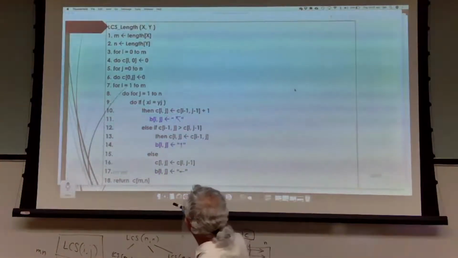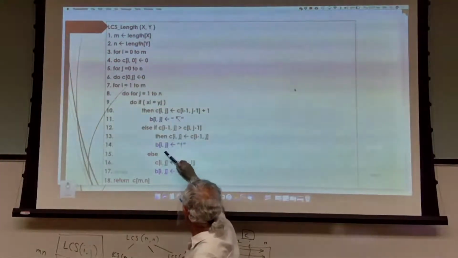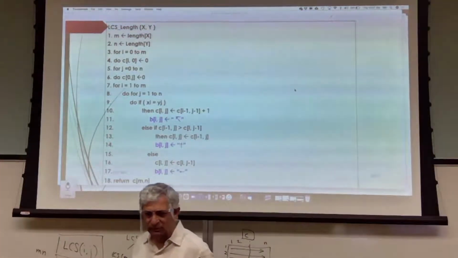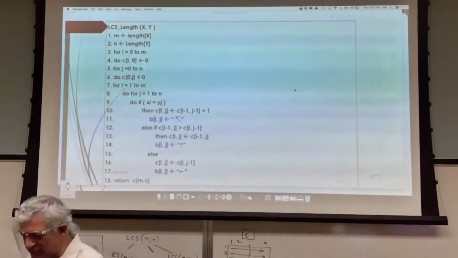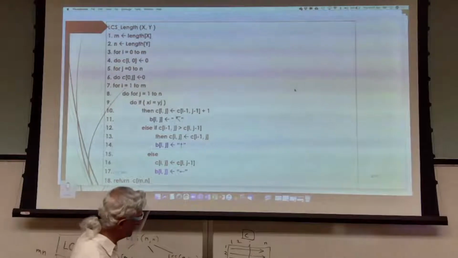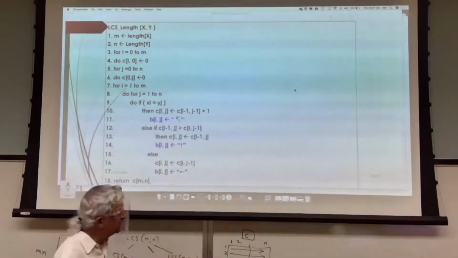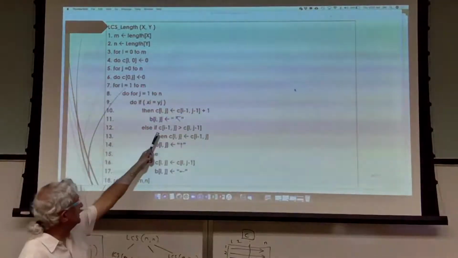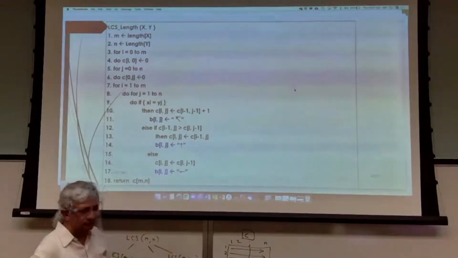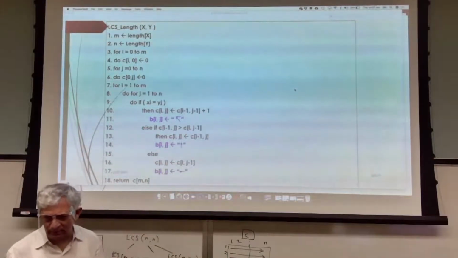And instead of going through that trouble, we add a little memo in our table. So we create a separate array called the B array, which looks exactly like the C array. You can think of this as one sitting on top of the other, and it just keeps a reminder of which of these conditions you actually used in order to compute that particular value.